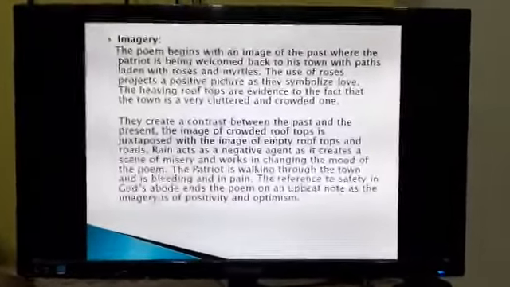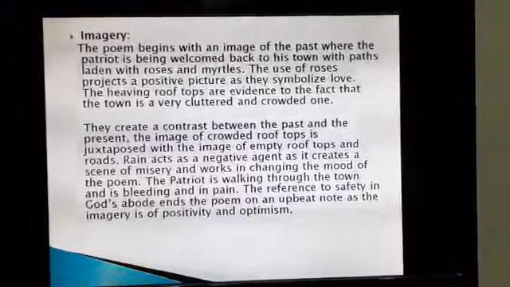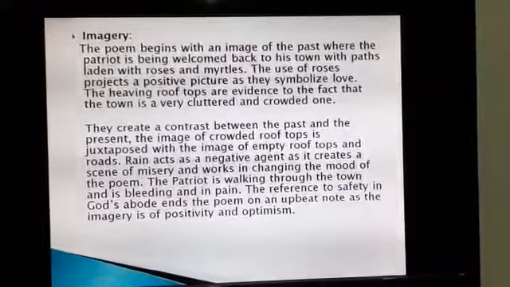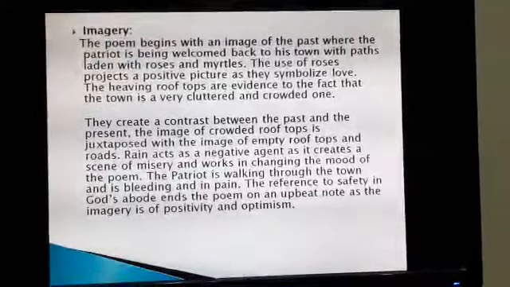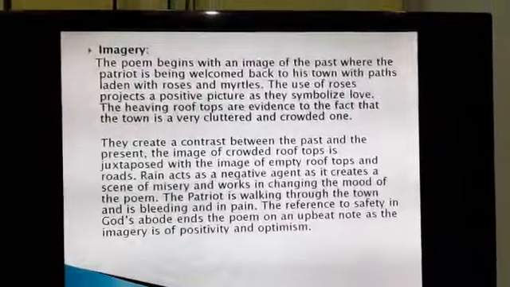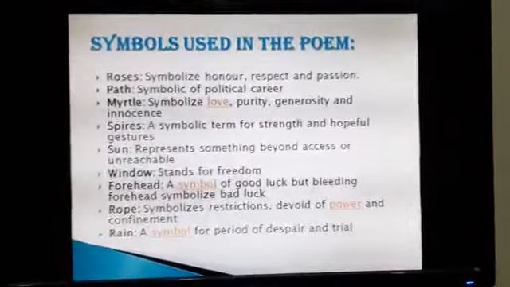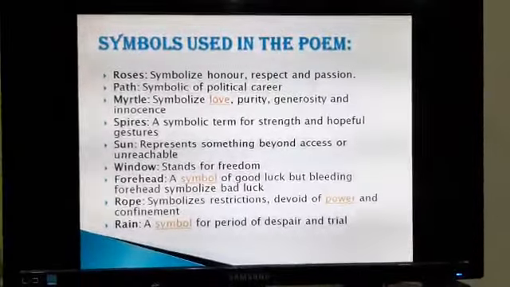The patriot is seen walking through the town and is bleeding in pain. The reference to safety in God's abode ends the poem on an upbeat note as the imagery is of positivity and optimism. Moving on, we have some few symbols used in the poem.